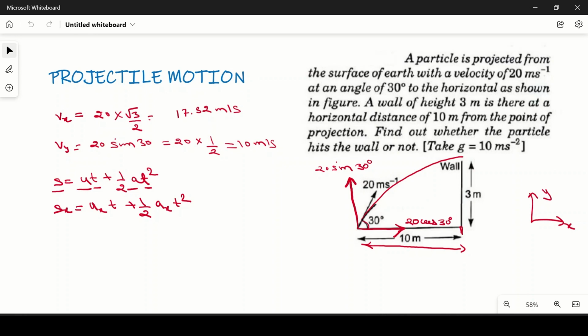You can see that in horizontal direction there is no acceleration. In vertical direction we have an acceleration downward, which is g, acceleration due to gravity, but in horizontal direction there is no acceleration. So this total term will become 0, and we will have Sx is equal to ux into t. Sx is 10 meter. In horizontal direction we have to travel 10 meter to reach the wall.